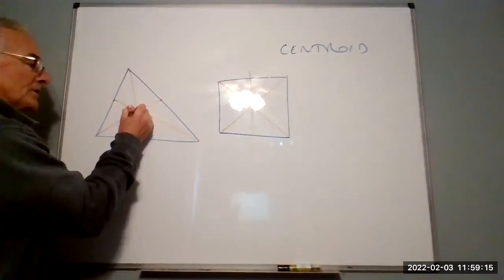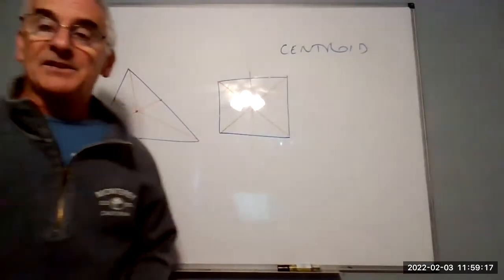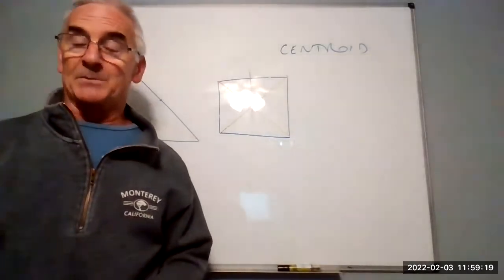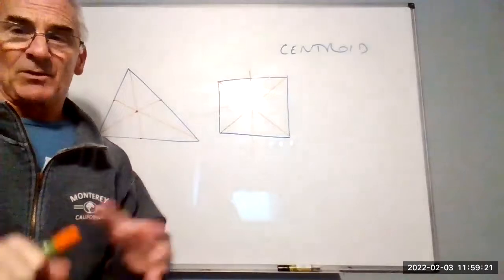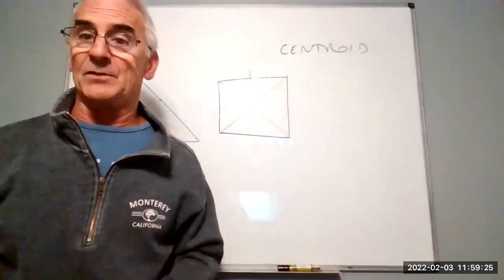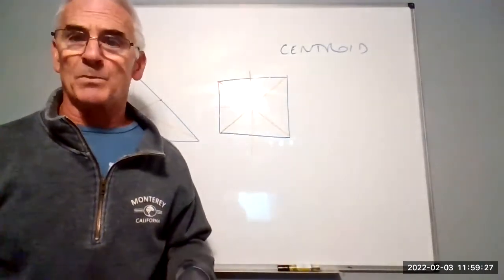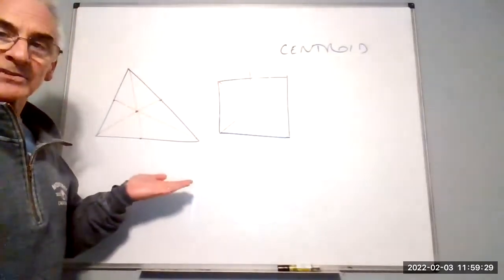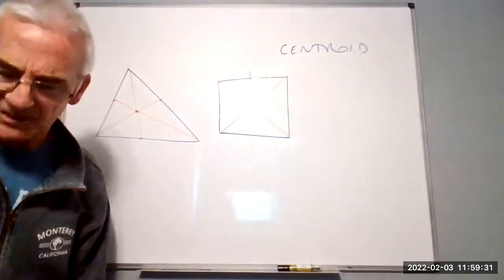That would be the centroid of this shape. Very easy to find in many, many geometric shapes. Now, if my shape is just a random quadrilateral, it's a little bit harder. I may actually have to use some calculus, but it still won't be very hard. Again, a massless object, the centroid's fairly simple.